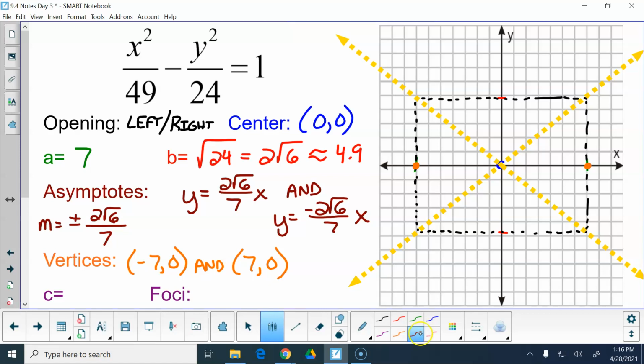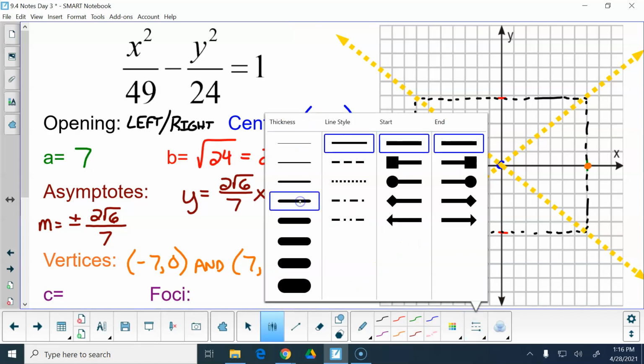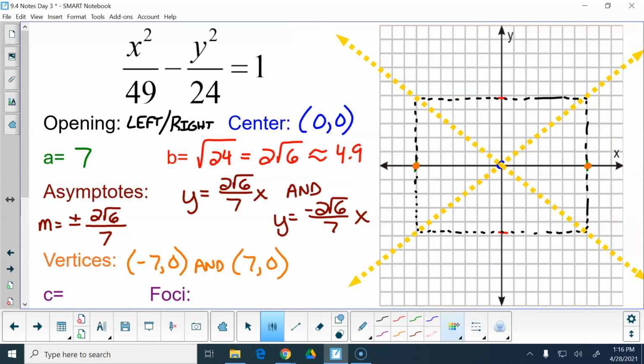That then is going to allow us to draw in our hyperbola.